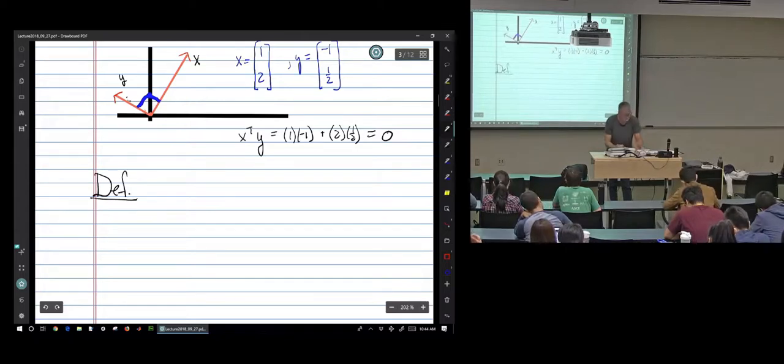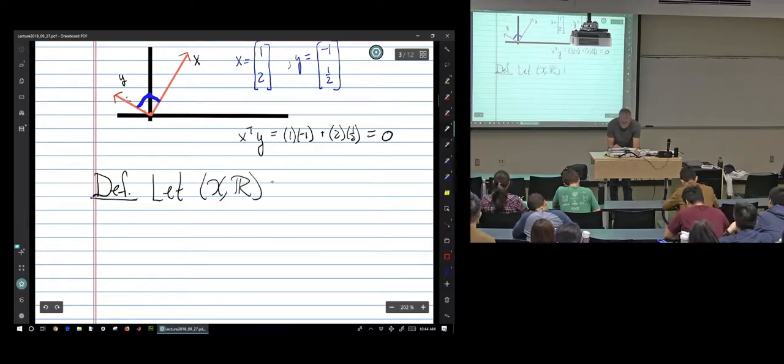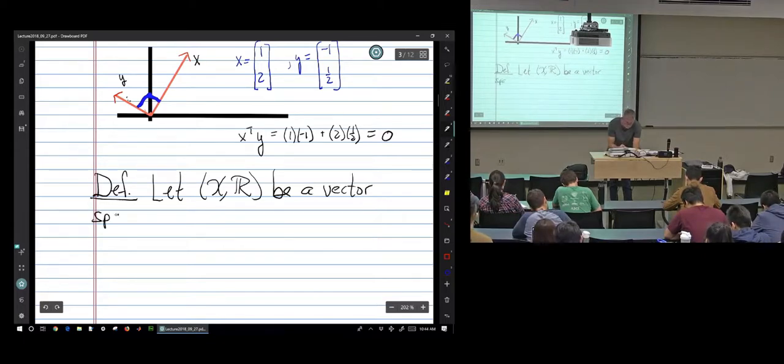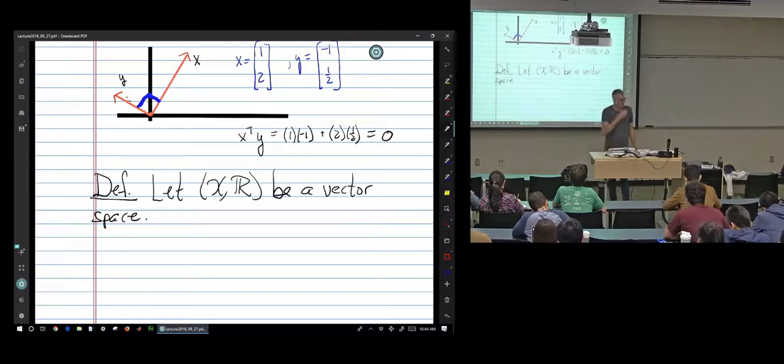Definition. Let X, R be a vector space. So that statement alone used to reign terror in Rob 501, and now everybody's going, no problem, got it, okay.